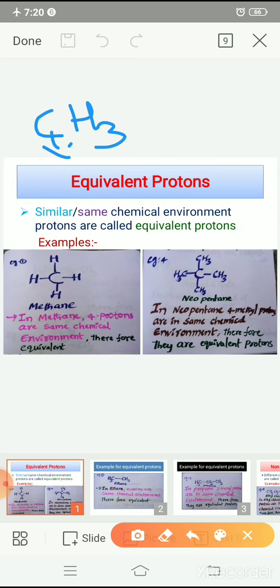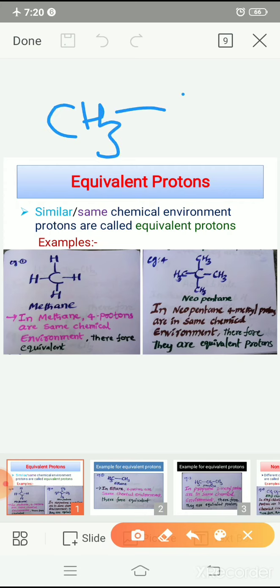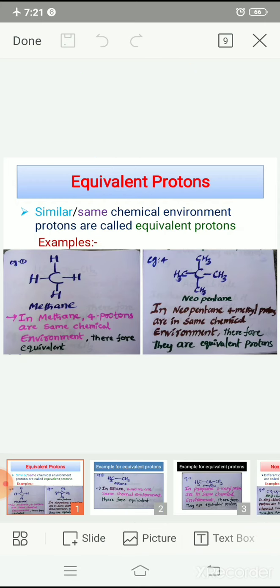Another example, CH3 attached to CH3. Here this CH3 is attached to CH3, and this CH3 is attached to CH3. So finally the 6 protons are chemically equivalent.